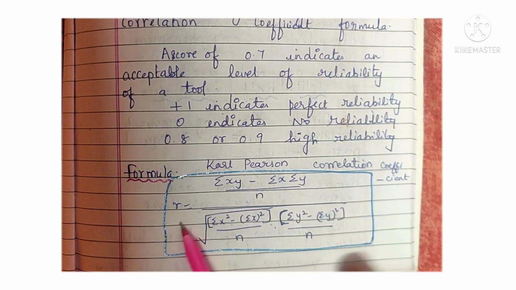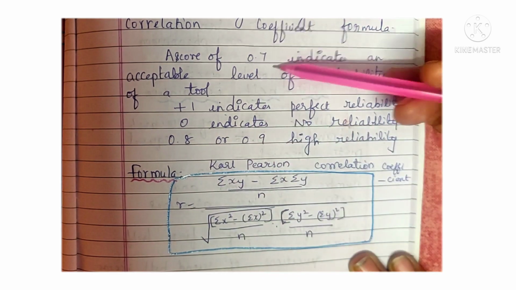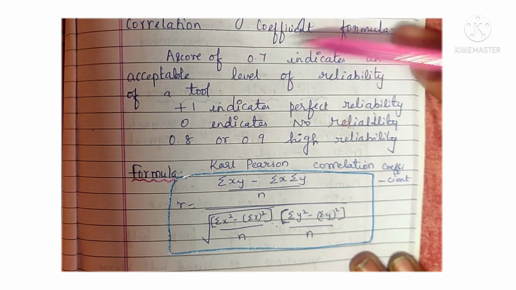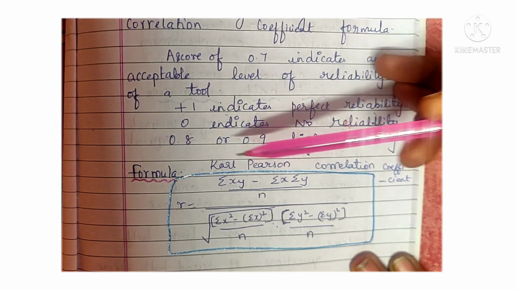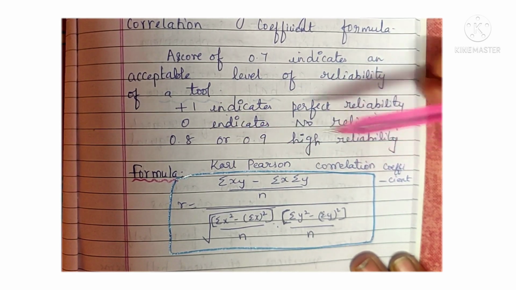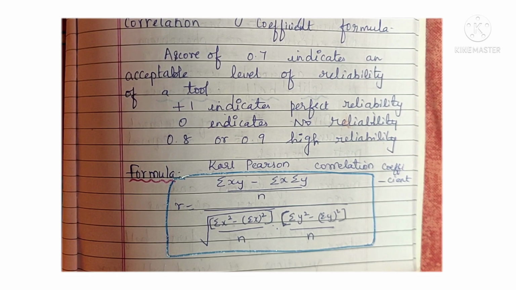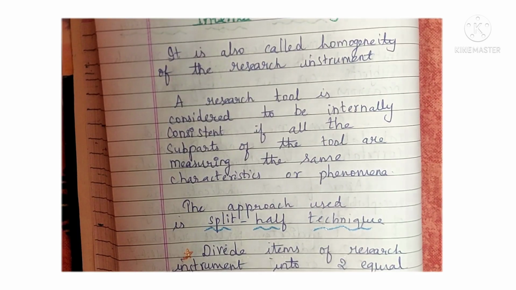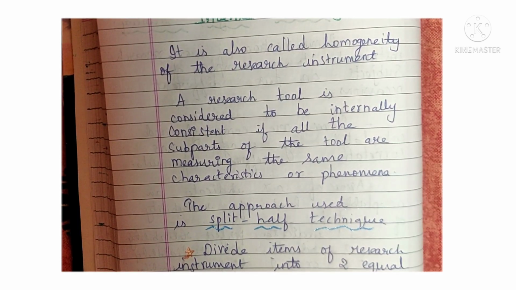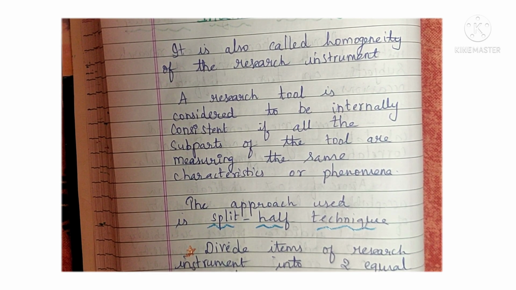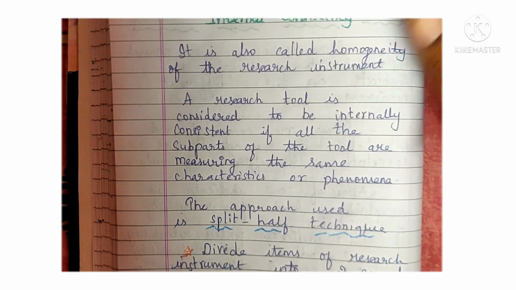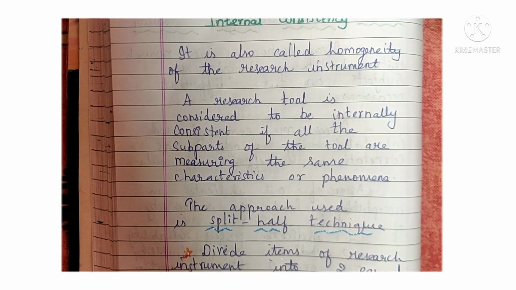The result you get, R: if R is 0.7, it indicates an acceptable level of reliability, plus 1 perfect reliability, 0.8 or 0.9 high reliability, 0 no reliability. So the first element is stability, otherwise called the test-retest method. That is completed. Next we will see the internal consistency method.